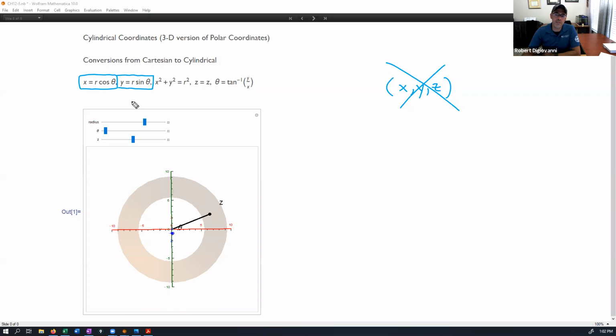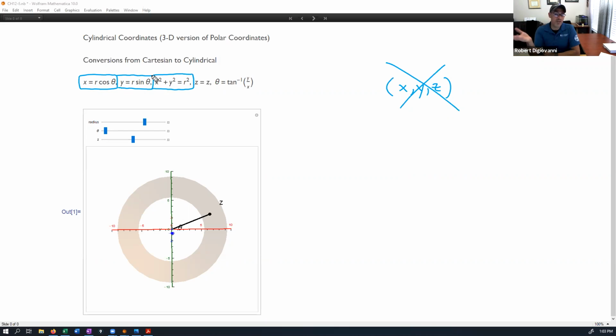Does that look familiar? Yeah, that's polar, right? So that's basically the same conversion we did in 2-dimensional space. That's still going to stay the same. We still have the relationship that x squared plus y squared equals r squared.